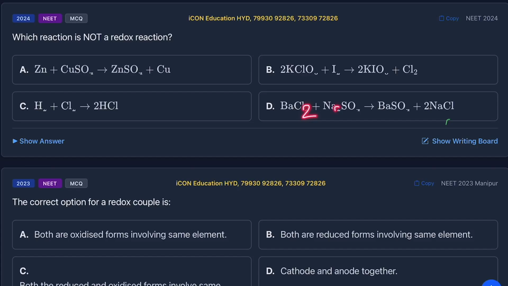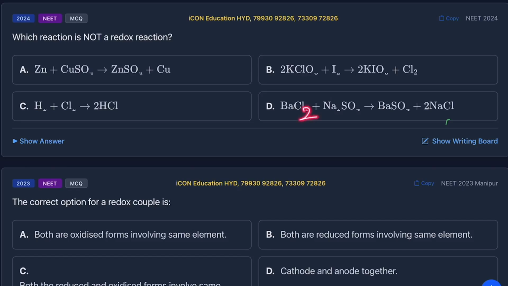BaCl2 plus Na2SO4 gives BaSO4 plus 2NaCl. Here H2 plus Cl2 gives rise to 2HCl. Next, Zn plus CuSO4 gives rise to ZnSO4 plus Cu. Here 2KClO3 plus I2 gives rise to 2KIO3 plus Cl2. So what is our not a redox reaction?